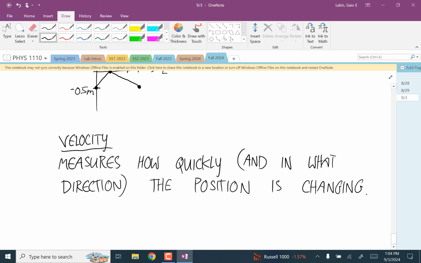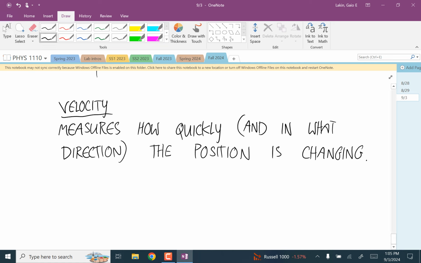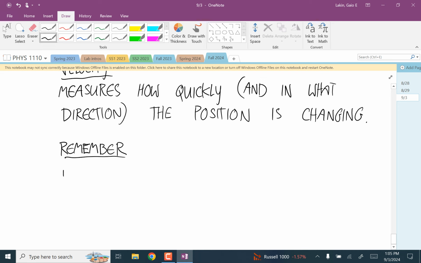One thing that you want to remember is that you can break up the velocity into two pieces, a direction piece and an absolute value piece or a magnitude. So remember this. You can break up the velocity into a sign.